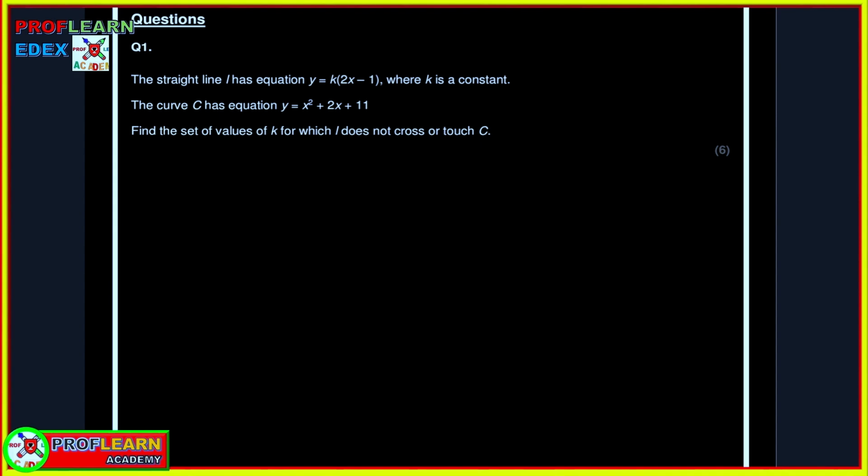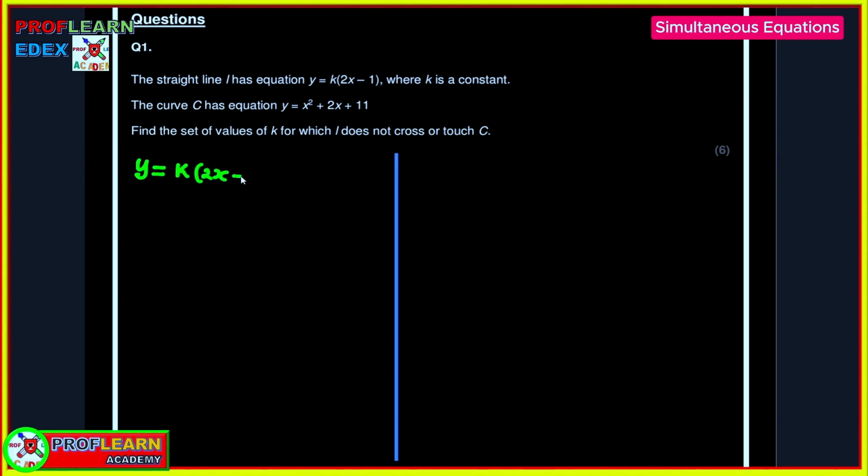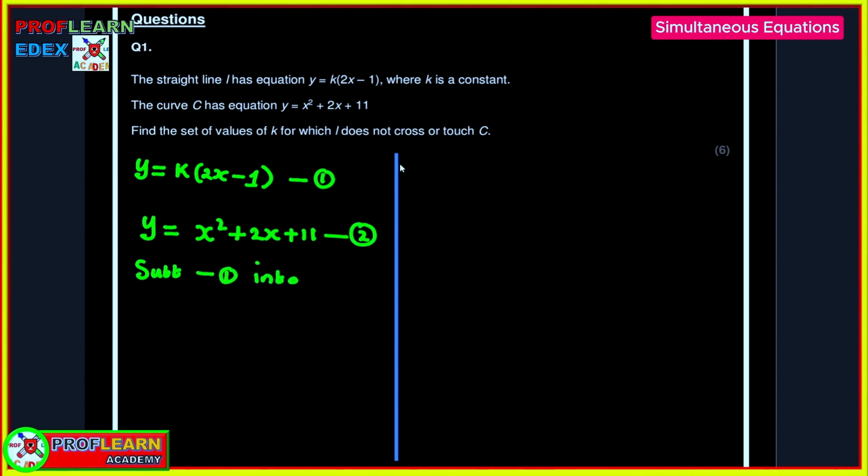We need now to equate the two equations and see exactly what we are supposed to do. We are going to call the first equation, equation 1, and the second, the curve, equation 2. So substituting 1 into 2, we are going to form a quadratic equation.